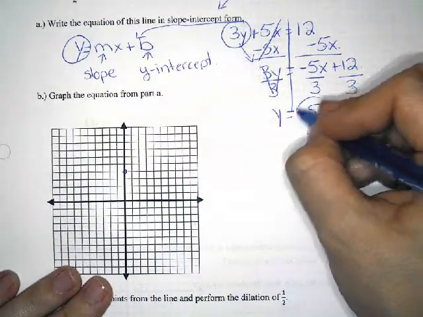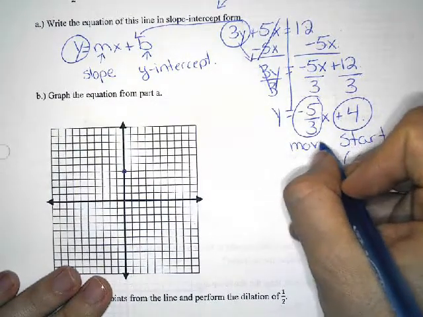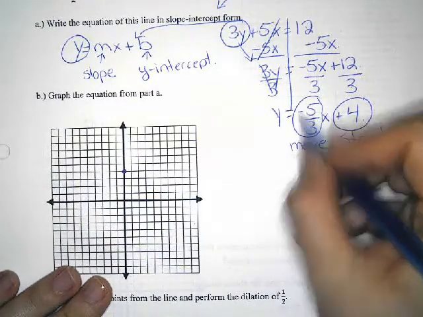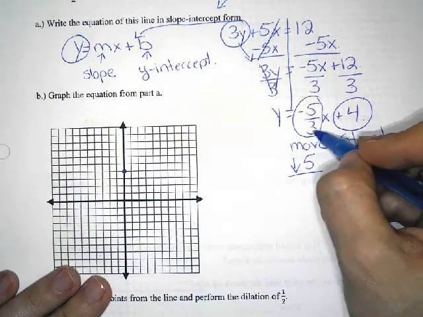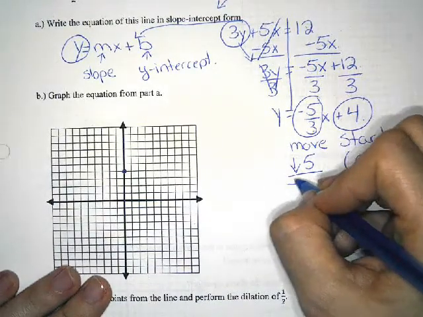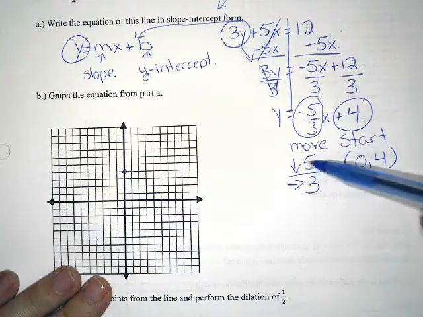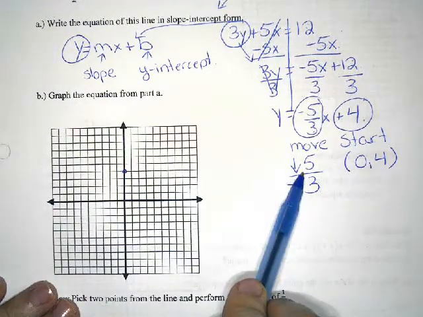And then the number with the x represents how you're going to move. Now remember, I'm not using the x, I'm just using the number. So negative means to go down. I'm going to go down 5. And it's always, always, always to the right, unless you have to go backwards. So this represents down 5, right 3. So from this point, I'm going to move down 5, right 3.